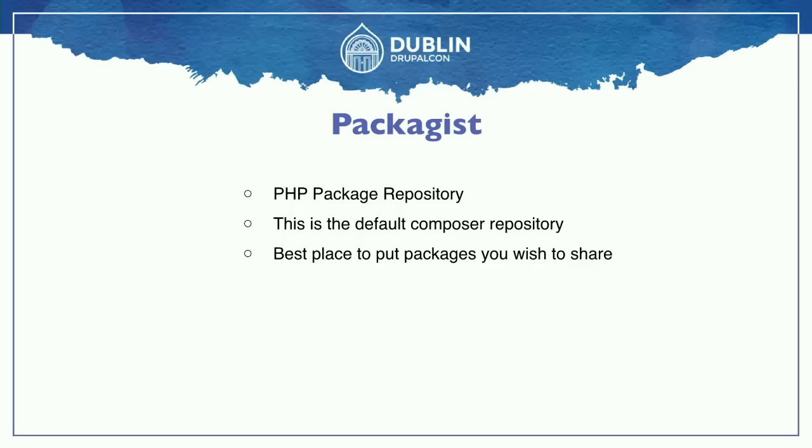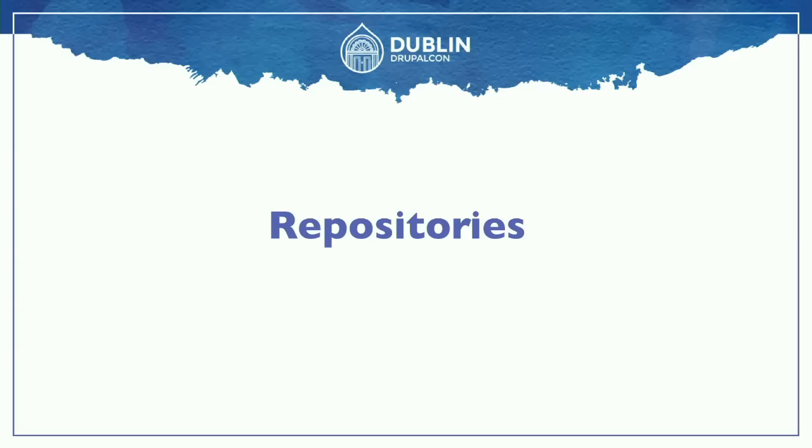So now, who here has custom modules in their Drupal installation? I do. Who has custom modules that for some reason or another you don't really want to put on Drupal.org or in a public domain? Right? So what do you do?